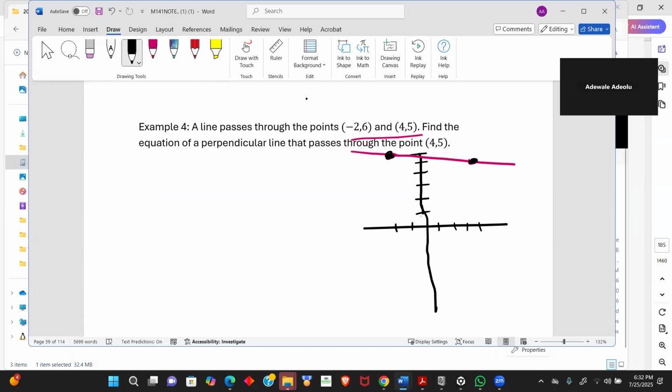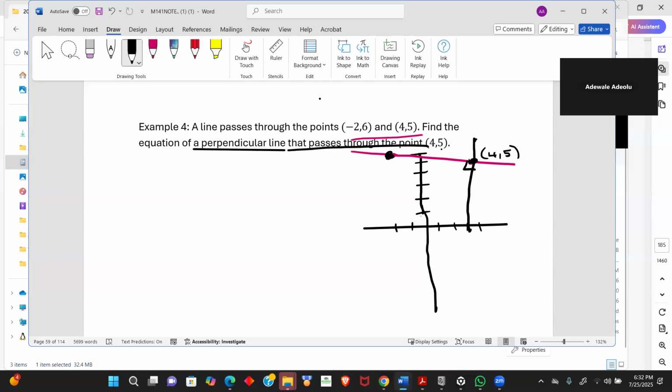Find the equation of a perpendicular line that passes through the point 4, 5. That is, we want to find a line that behaves this way. Remember what perpendicular means? It means at 90 degrees. This is not going to be perfect, but we are looking for a line that passes through this point 4, 5, and it is perpendicular to our line.